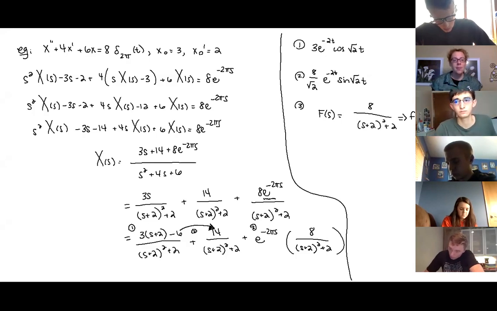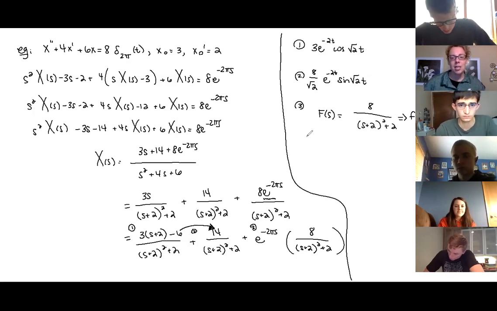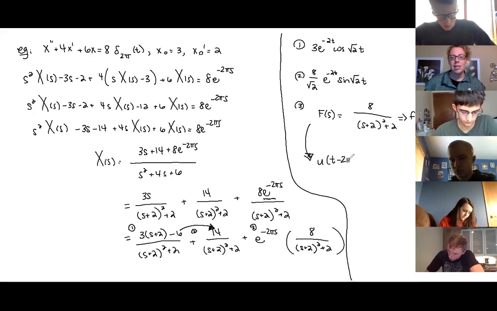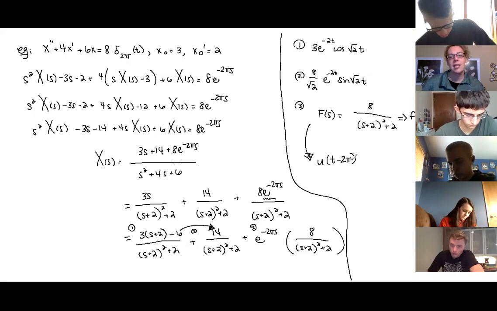So then, because I have an e to the negative 2 pi s out in front, that means I need my unit step function. So piece number 3, u of t minus 2 pi, and then I have to plug in a t minus 2 pi wherever I see a t.